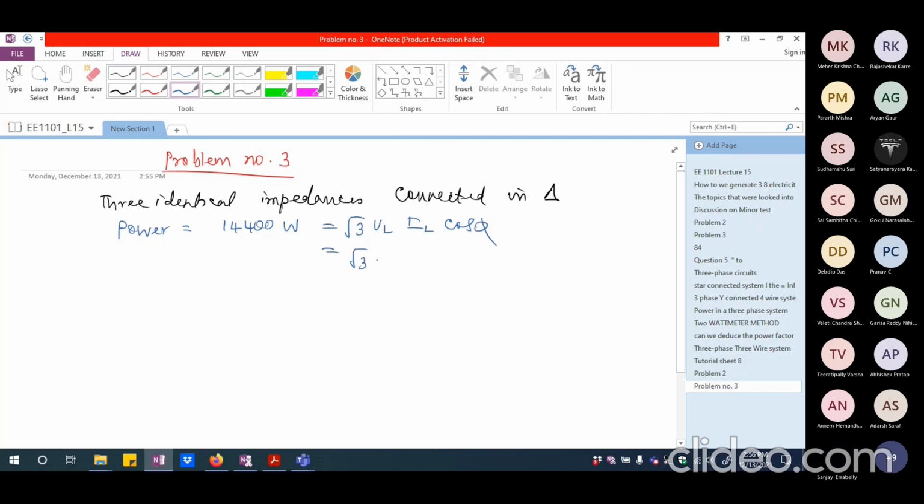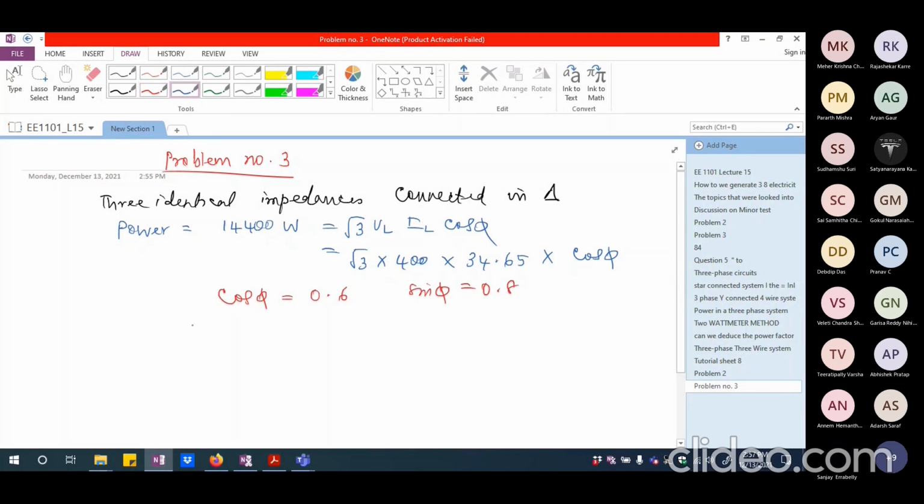And that is root 3 multiplied by 400 multiplied by IL. IL is 34.65 ampere and cos phi, from which definitely cos phi can be inferred. So cos phi comes out to be 0.6. Okay. And obviously sin phi is 0.8. If cos phi is 0.6, sin phi is 0.8. Okay.